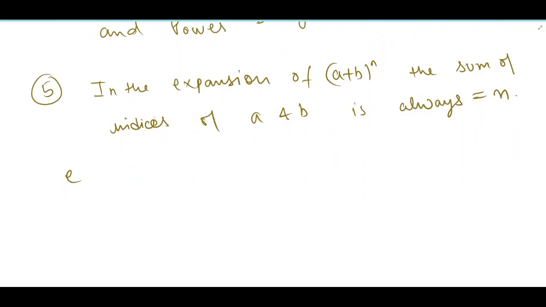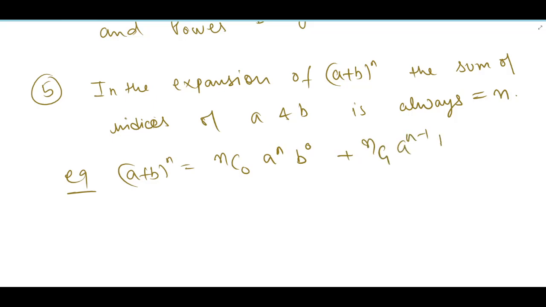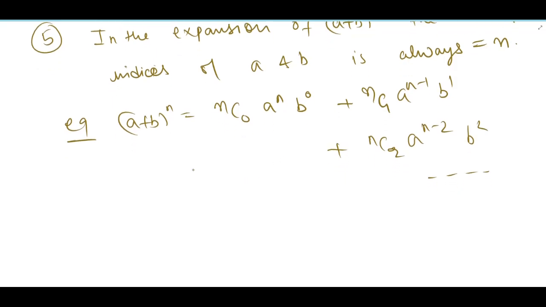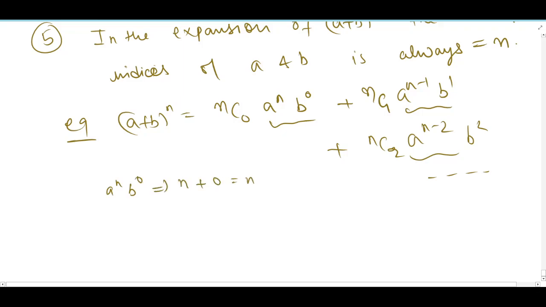For example, we get nC0 a^n b^0 plus nC1 a^(n minus 1) b^1 plus nC2 a^(n minus 2) b^2. So if we add the powers of a and b, we get n.